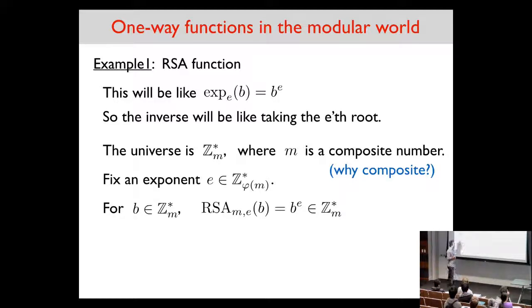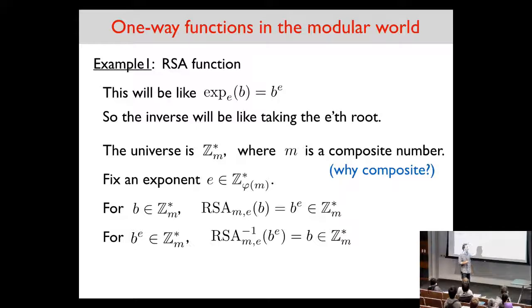Then the RSA function is basically the function that does b to the e for a given input b. Again, fix e to be 3 in your mind. So this is the cube function, b cubed. The inverse would be taking the cube root if e was 3.